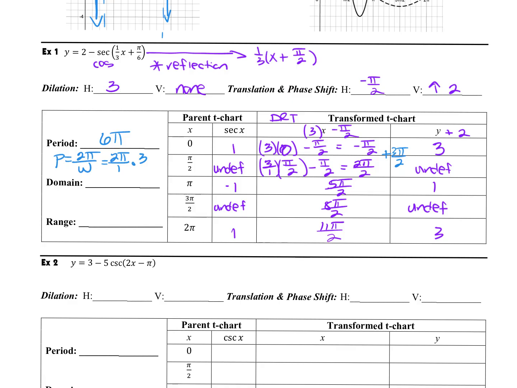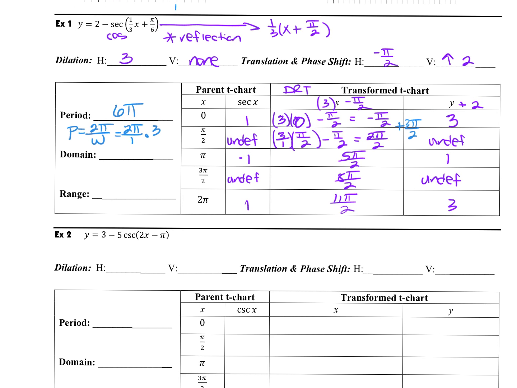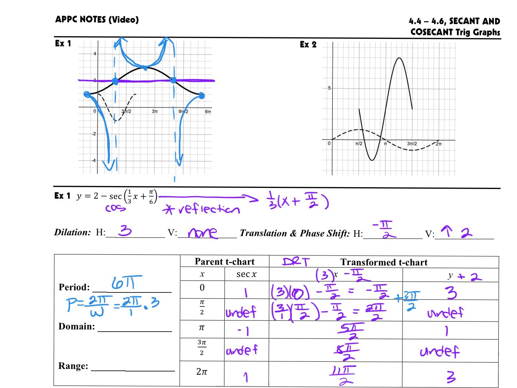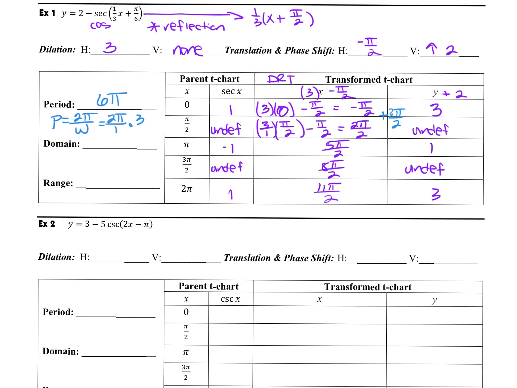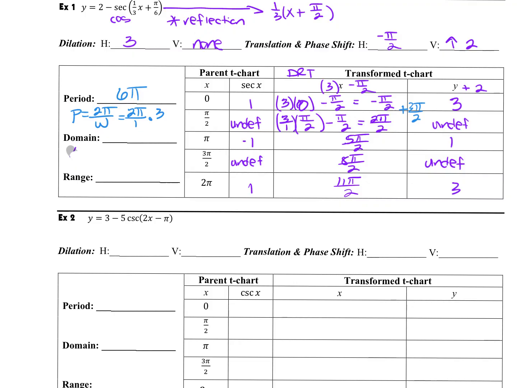The domain, since we need to write this in a way that shows that we can have all of these values except for when we have these vertical asymptotes, what we're going to do is say x such that x is not equal to.